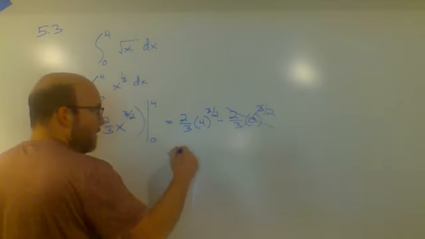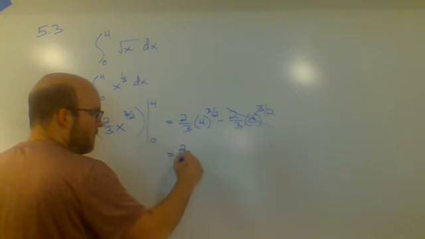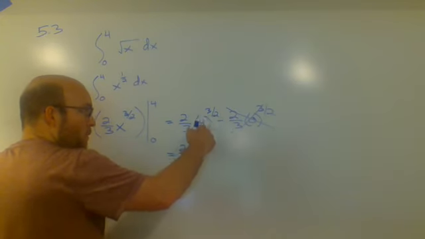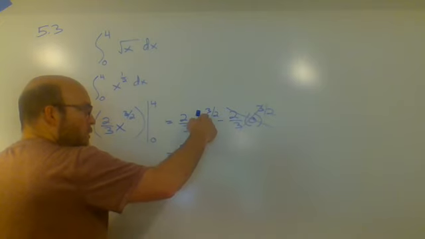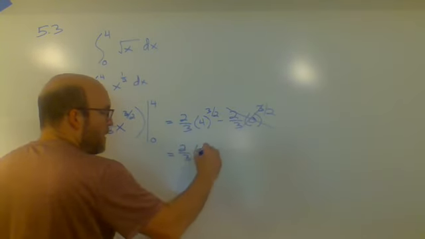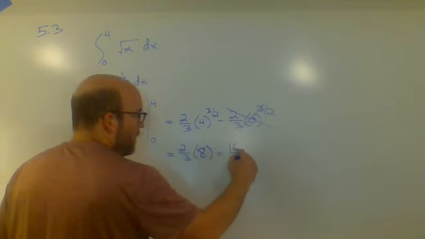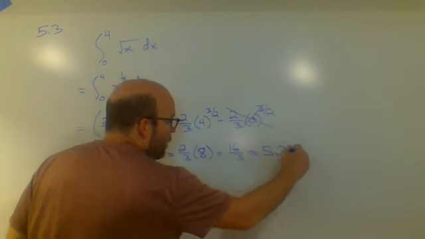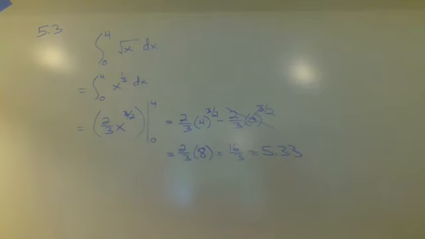Use a calculator as necessary, but hopefully you remember some of this. The 2 in the bottom tells you to take a square root, so the square root of 4 is 2. The number in the numerator tells you to take that answer and cube it. So 2 cubed is 8, and 2/3 of 8 is 16/3, which, depending on what it's asking you to type out, could be 16/3 or 5.33333 repeating.